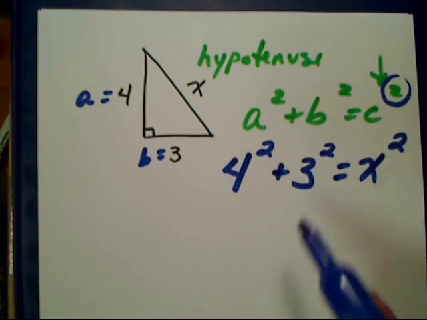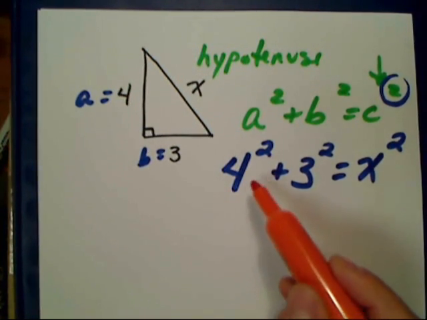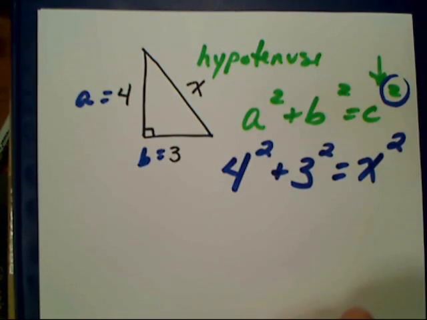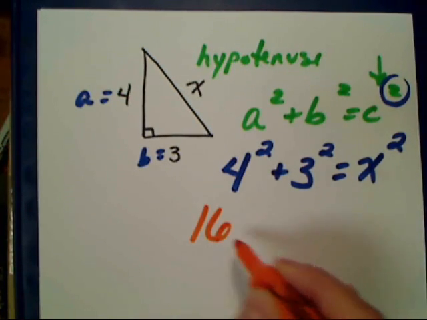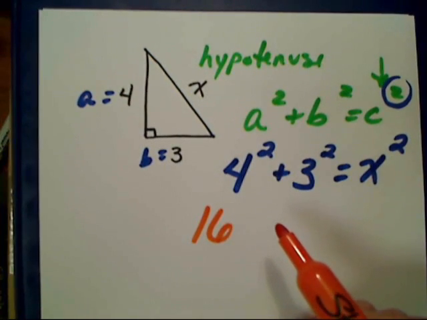So now we simplify this side. Well, in order to simplify, we do our order of operations. Please Excuse My Dear Aunt Sally, which says I have exponents first. The square, once again, tells me that I have two 4s that are being multiplied together. So 4 times 4 is 16. Remember, we never take a big number times a little number. That's bad.